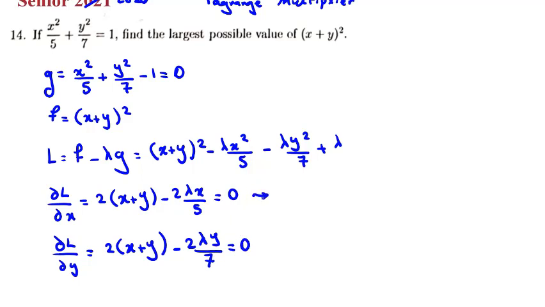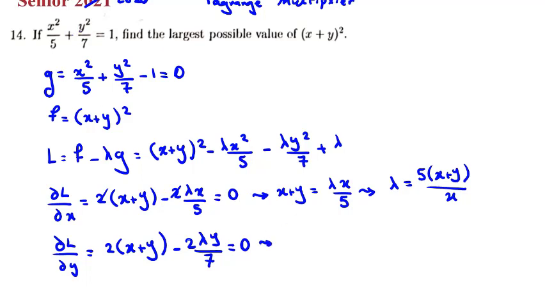Now here we can cancel these two, and then we say x plus y equal to lambda x over 5. So lambda equals, we multiply both sides by 5, 5 times x plus y over x. Maybe someone says, okay, if x equal to 0, then y also should equal 0, and it doesn't satisfy this condition.